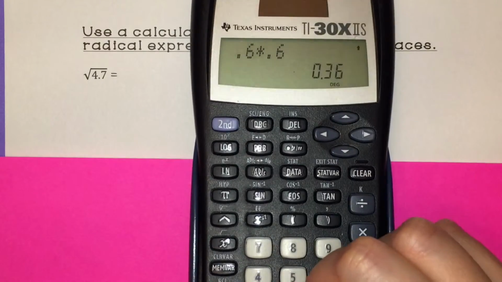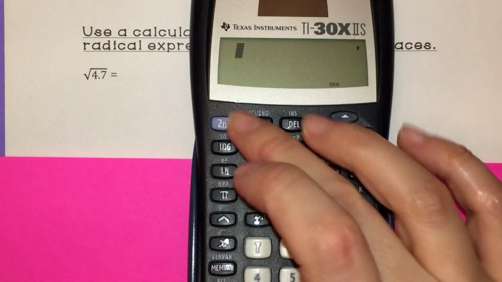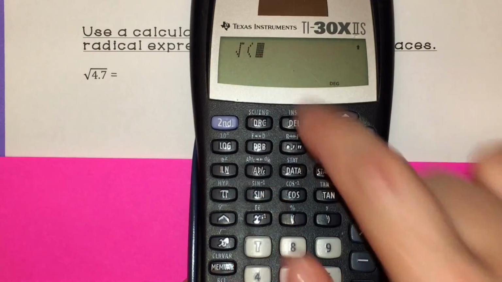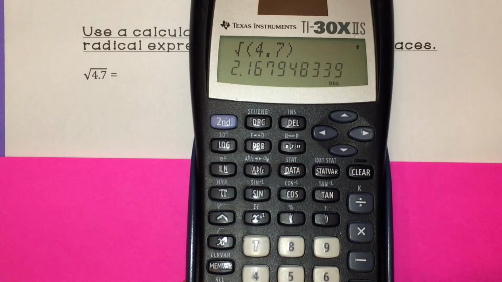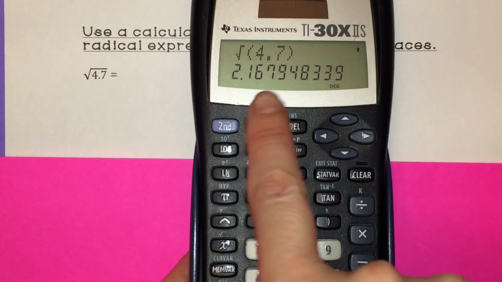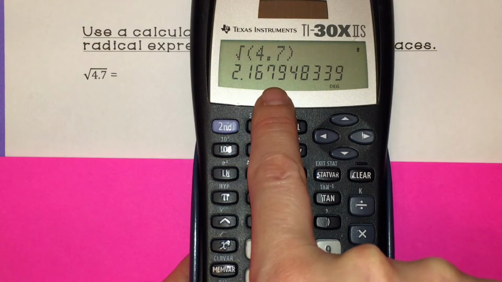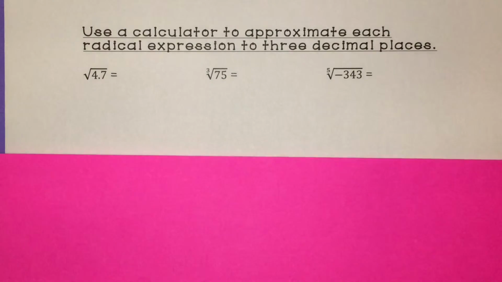So I am going to turn this one on and hit second x squared so I get the square root. Type in 4.7, close my parenthesis, and I have to go out 3 numbers. So 2.16, I have to round the 7 up to an 8, so it's 2.168.